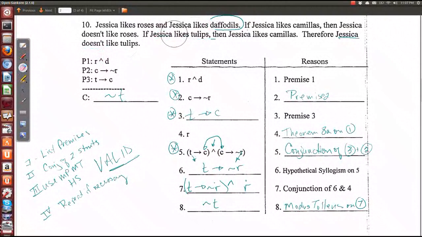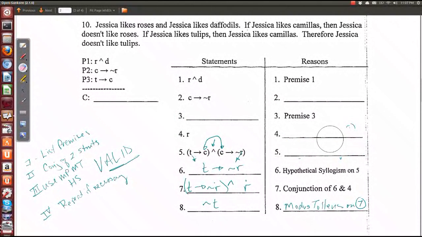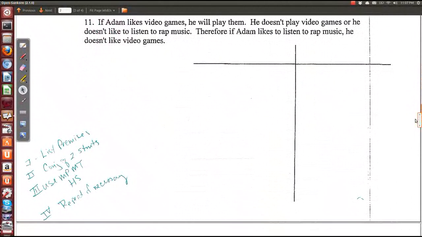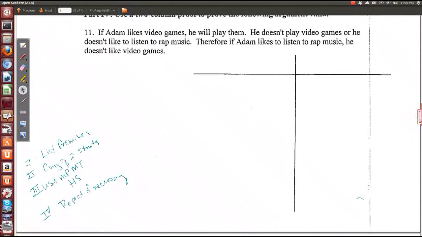So what I want to do is take a look at problem 11, which is also a 2-column proof. So what I've got here is, if Adam likes video games, he will play them.